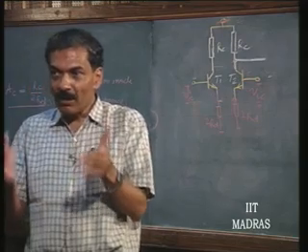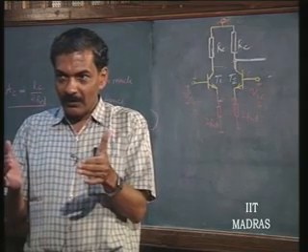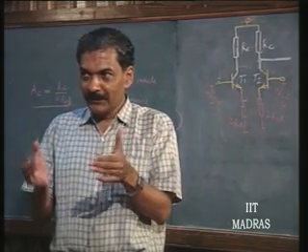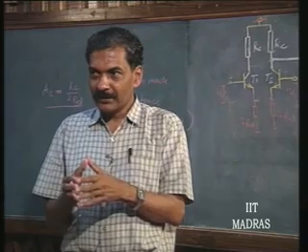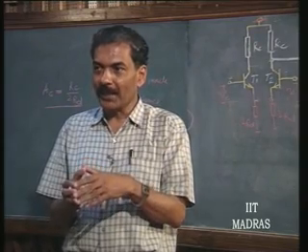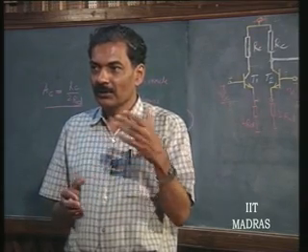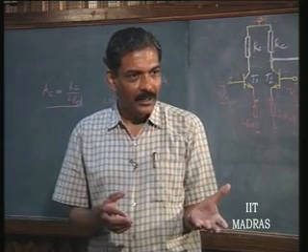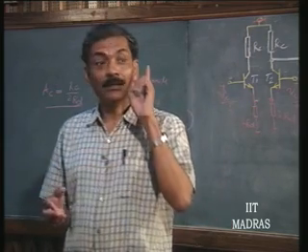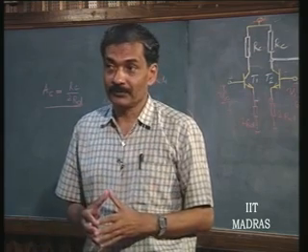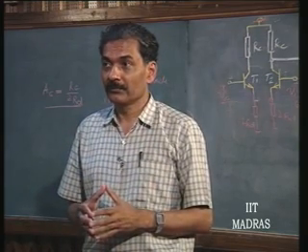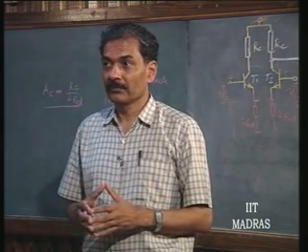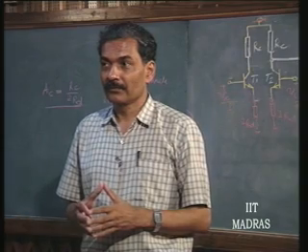So, a measure of how good the differential amplifier is determined by finding out the ratio between the differential mode gain and the common mode gain for single ended output. What will happen if you put a terminal there? Is it going to be zero differential output even in the case of a common mode?